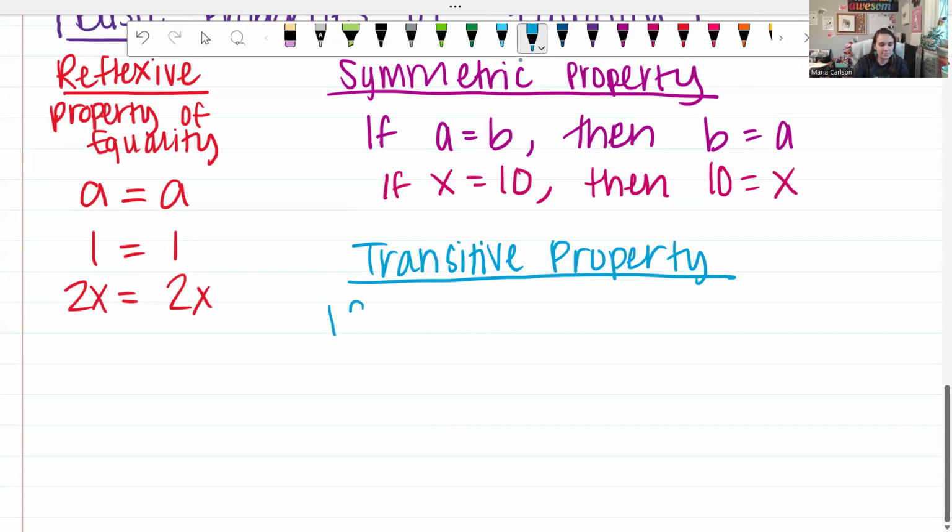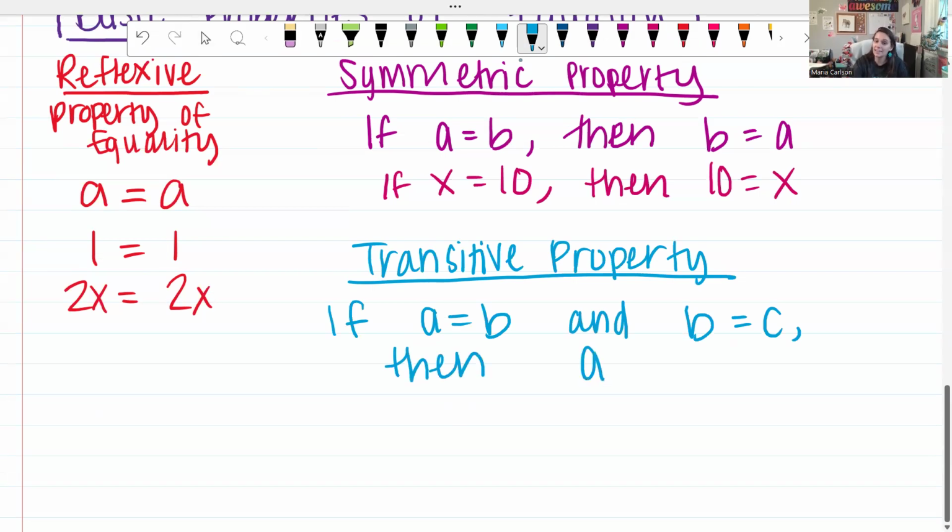It states if A is equal to B, and we also know that B is equal to C, then we can conclude that A has to be equal to C. So if I know object A is equal to object B, and object B is equal to object C, then altogether I know A is equal to C.